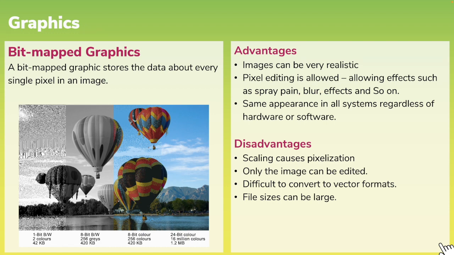However, as we know, if we zoom into the image, we will get pixelization. If we want to edit the image, we have to edit each individual pixel, an advantage and a disadvantage. And because it's pixelated, it's difficult to convert to vector graphic format. And again, because we're storing the detail of every single pixel, the file sizes are going to be large.